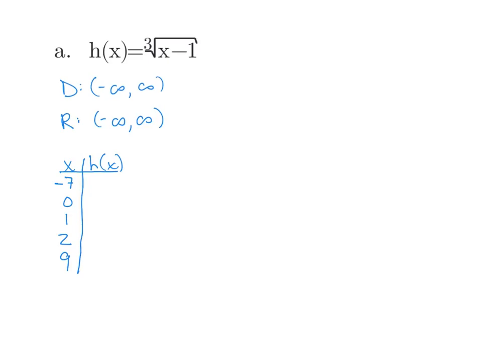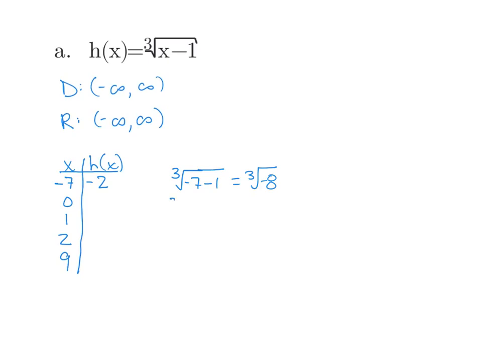If we plug in -7, we get the cube root of -7 minus 1, or -8, which is -2.